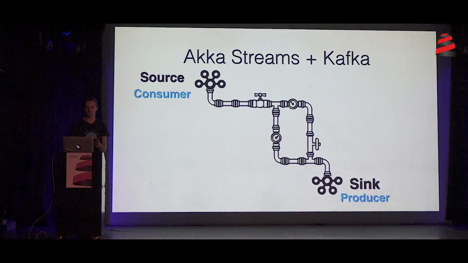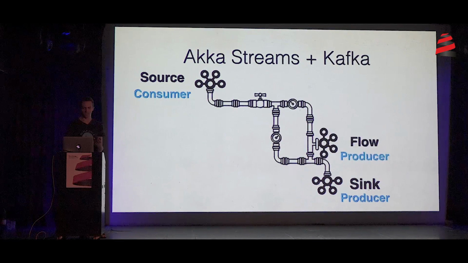We may want to write to Kafka, so we will have a sink, which is backed by a Kafka producer. And another very common pattern is to have Kafka as a flow, which means that you process messages in your stream, put them in Kafka, and wait for acknowledgement, and then messages flow further down the stream.